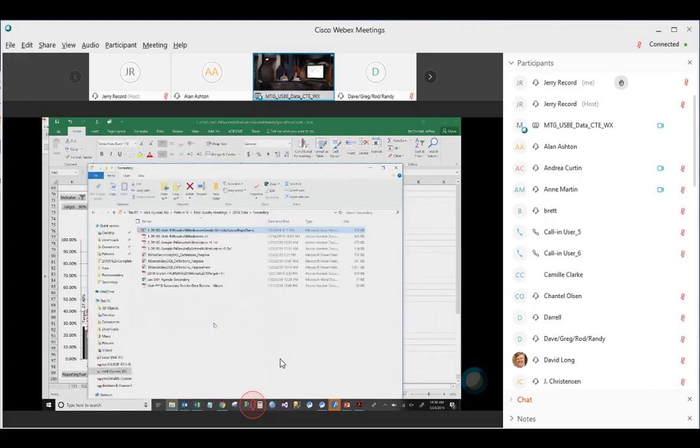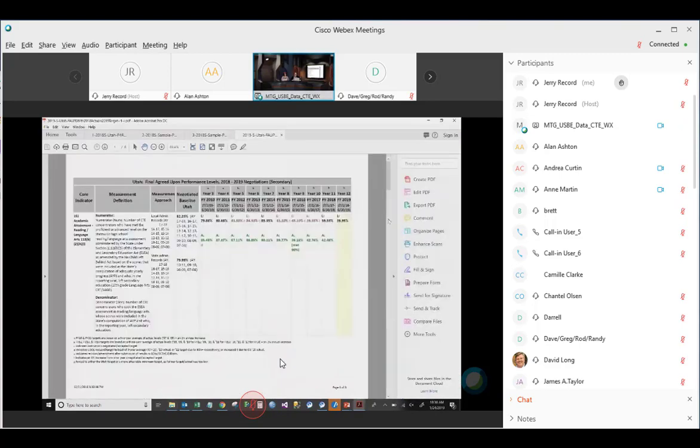Okay, FALPLs. Those who have been doing this for a while are familiar with this term. It means final agreed upon performance levels, and this is where you set your targets. I upload these to the CTE Finance SharePoint site.